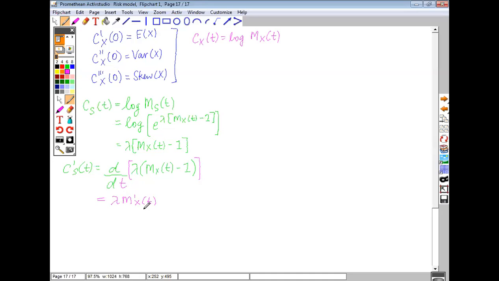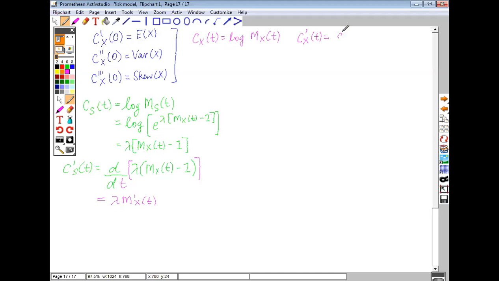We know for a fact that C_X(t) equals log of M_X(t). This will hold true not only for S, but also for my X random variable. So let us try to derive for this and see what happens. I'll take the first derivative of this. What will I get here?